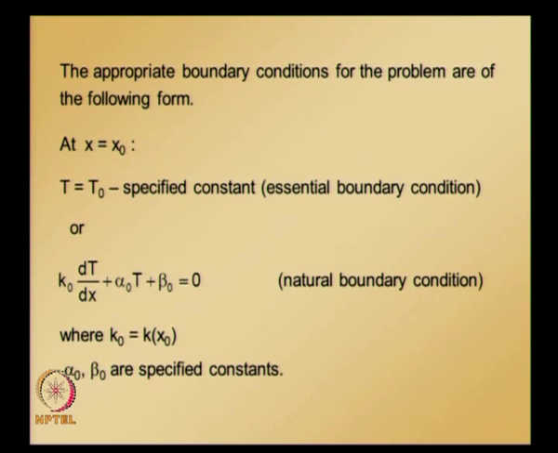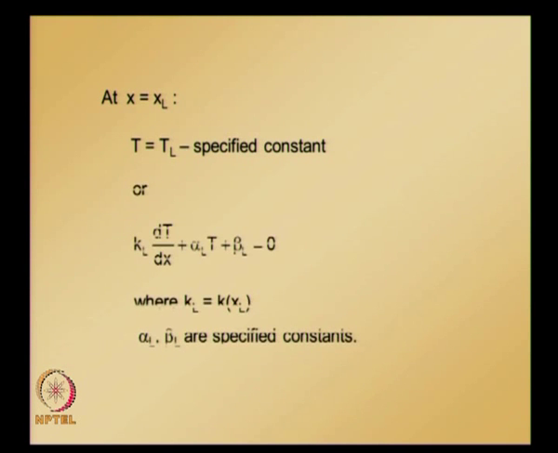Let us see the boundary conditions at x is equal to xl. At x is equal to xl, again either an essential boundary condition can be prescribed or a natural boundary condition can be prescribed, where KL is the coefficient k evaluated at x is equal to xl, and alpha L and beta L are some specified constants.